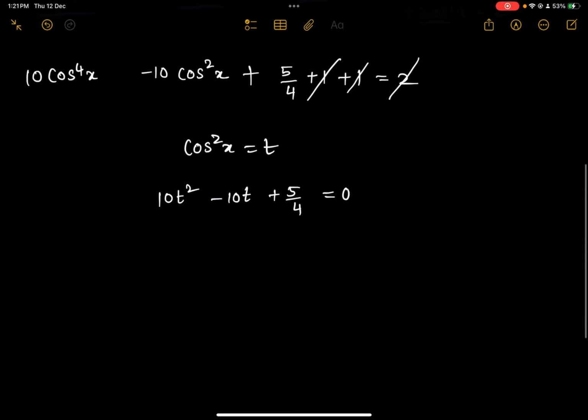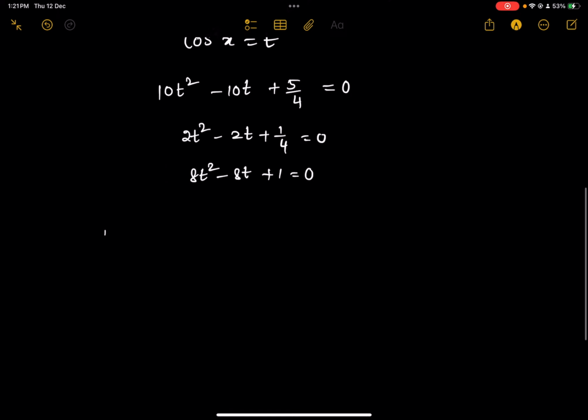It is a simple quadratic equation. Now 5 is common, so it will be 2t square minus 2t plus 1 by 4 is equal to 0, that is, 8t square minus 8t plus 1 is equal to 0. Let us find the value of t.